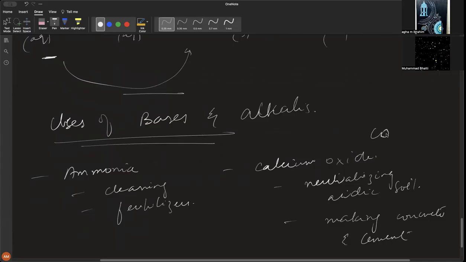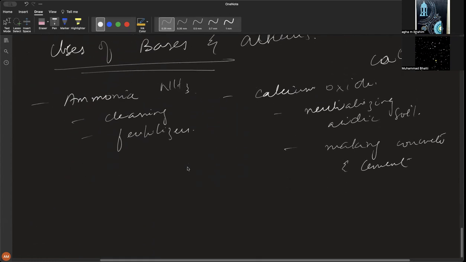And we have magnesium hydroxide, a very common one, Mg(OH)2.